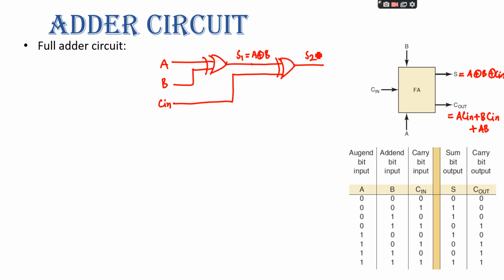So the output of this exclusive OR gate would be A exclusive OR B exclusive OR C in.